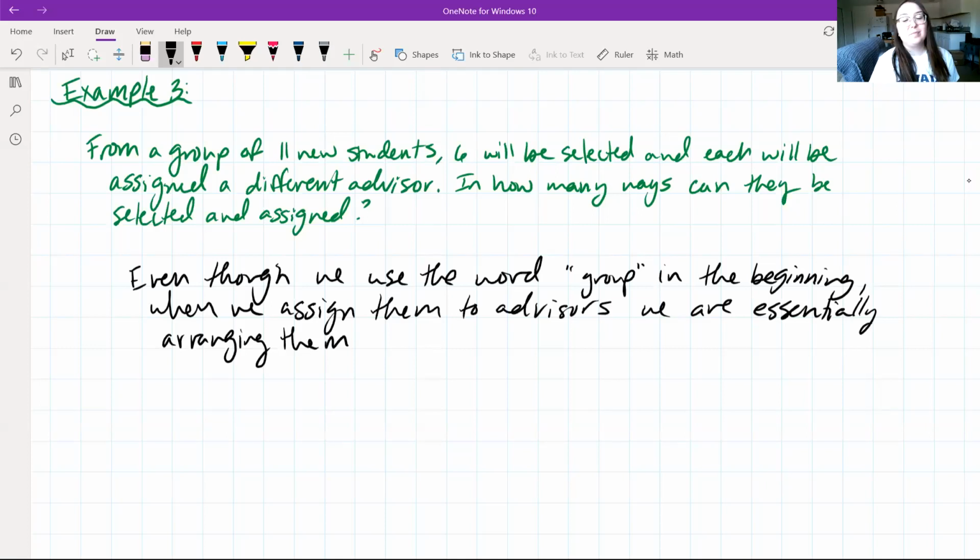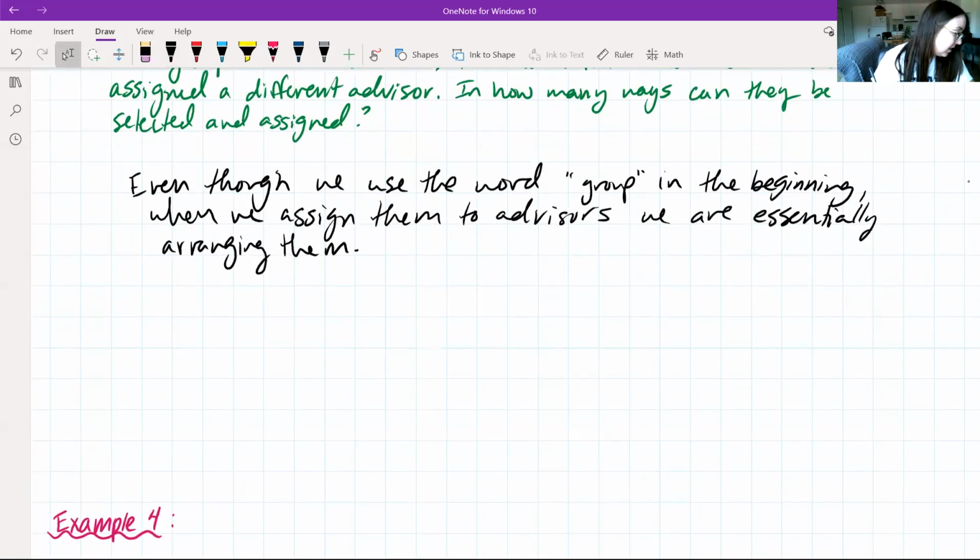Since we're essentially arranging them in this case, and also because we're going to have 6 students who are each going to get a different advisor, that means there's 6 advisors and 6 students. We're going to see all the different ways in which we can assign different advisors, but they're each going to have just one. So this is why we say that order matters in this case, so let's use permutation.